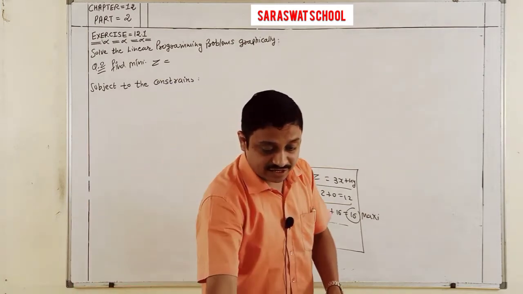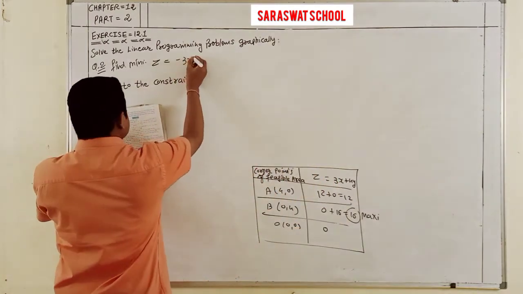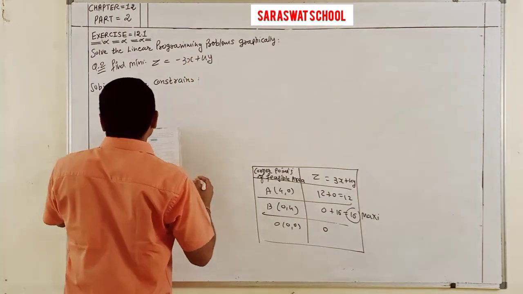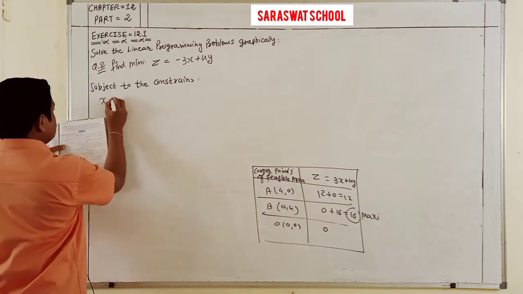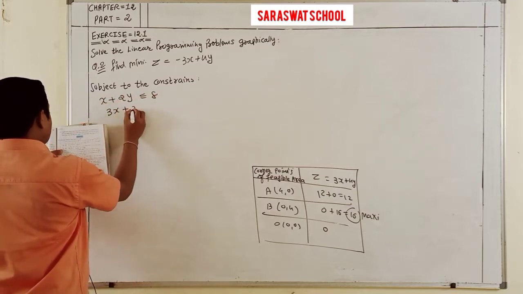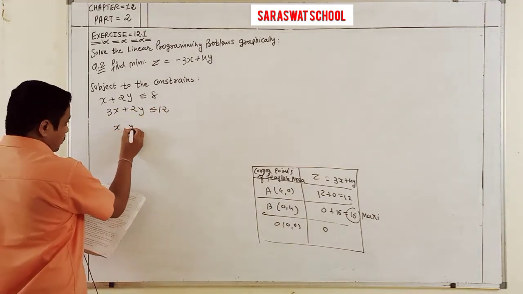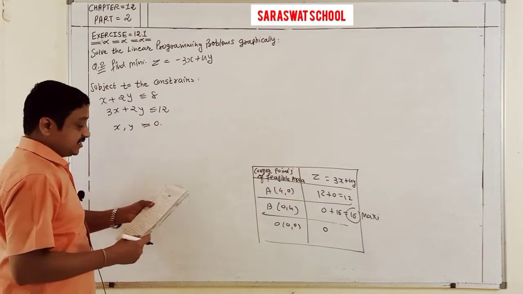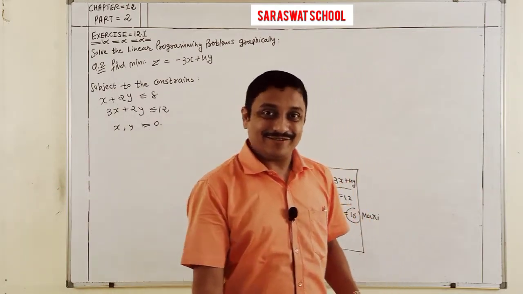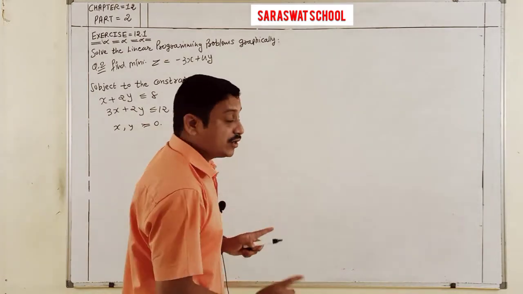So z is asked, related to your question, z = -3x + 4y, and subject to x + 2y less than 8, 3x + 2y less than 12, x and y both positive, and for -3x + 4y I want the minimum value. Very easy.